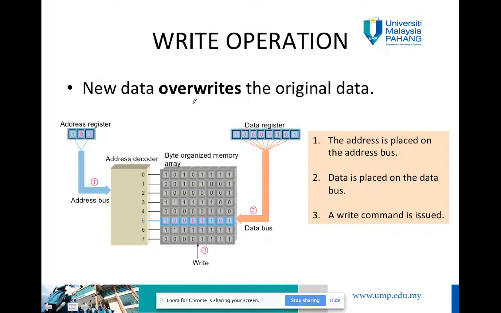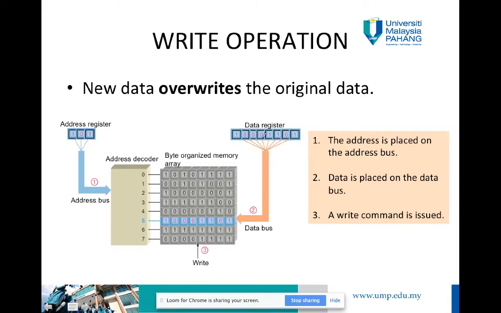Whatever instruction you send to the memory, the computer will send to the memory, where the data will be located at a certain address. So this is the address, for example, the address is 101. You have the data. This is your data.